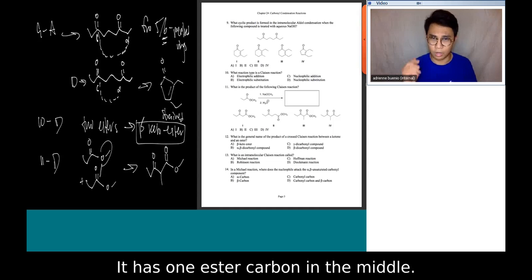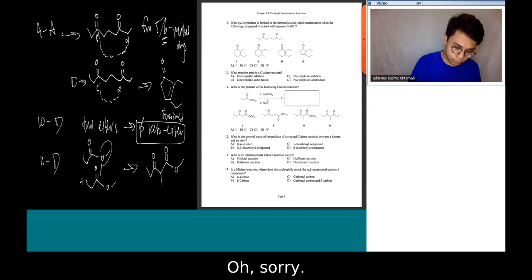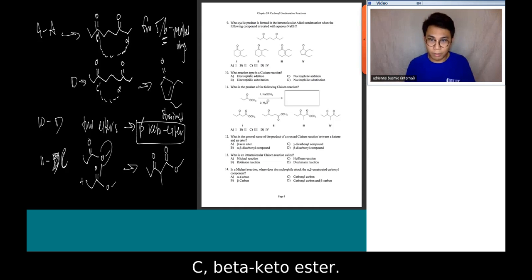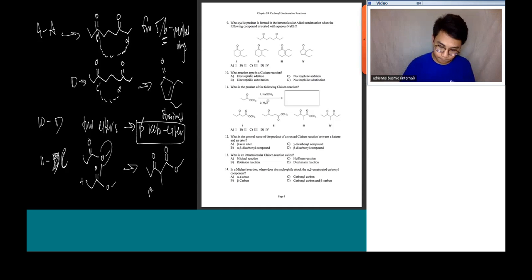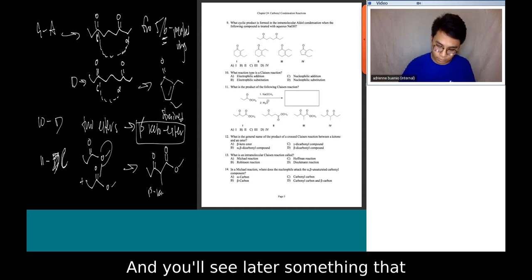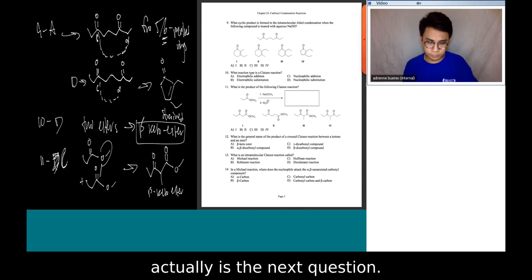It has one extra carbon in the middle. Sorry. C, beta ketoester, right? Ketoester, and you'll see something later that is actually the next question.